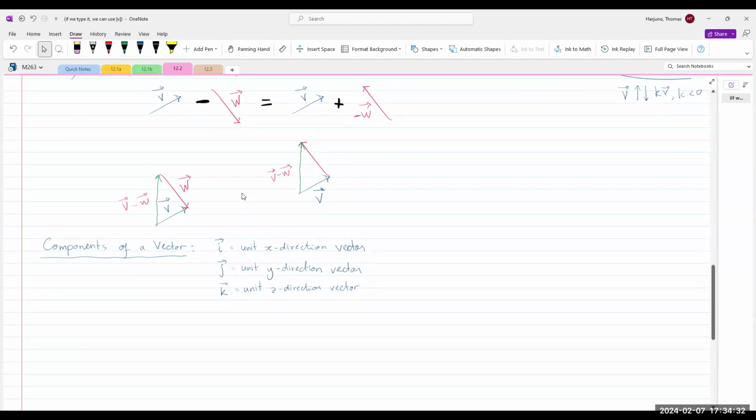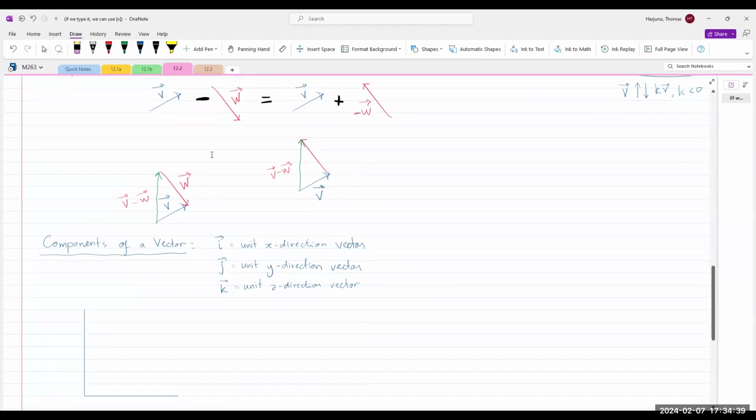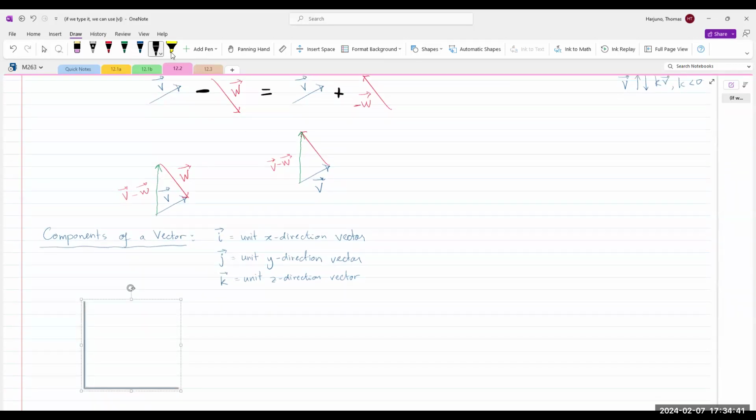Suppose, for example, in two dimensions, I have a factor from here to here. Then this is a position factor, right?